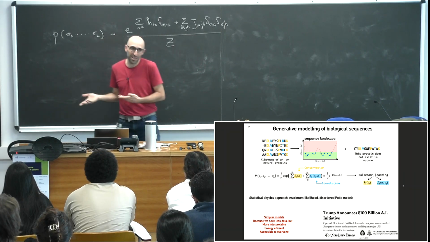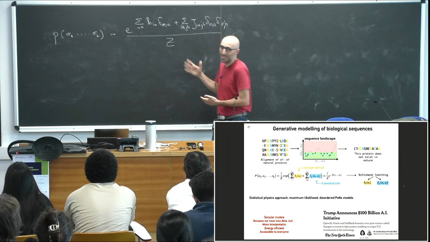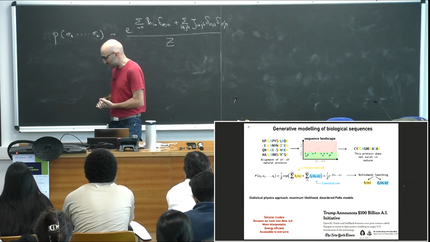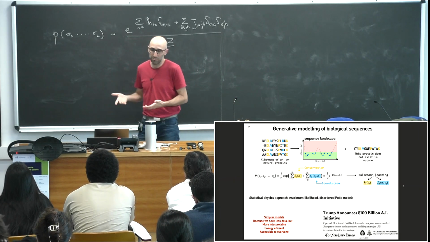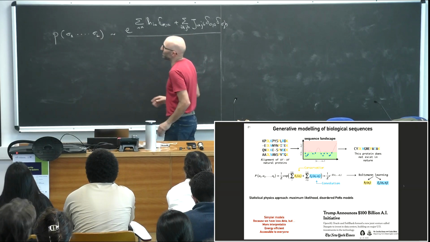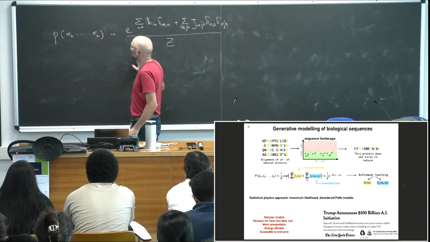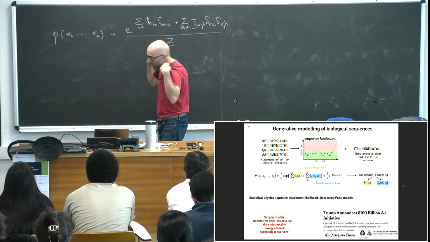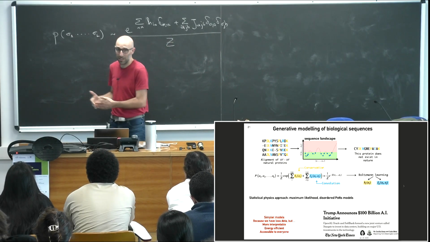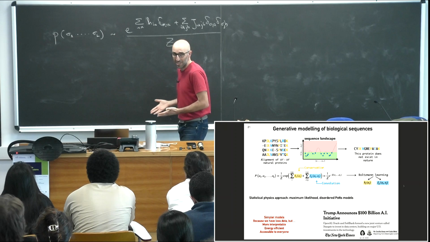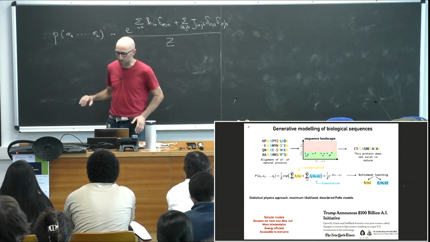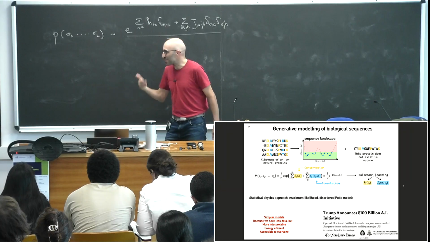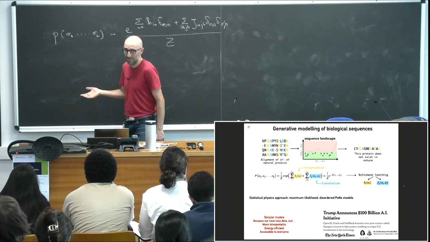If you want to generate things, mean field is not good, and pseudo-likelihood maximization is not good, so you have to do Boltzmann learning. But okay, you do Boltzmann learning. And you can check that if you do Boltzmann learning, you can generate sequences that look statistically very similar to the ones in the training set. I will show you measures for this. And also that are distinct enough from the ones in the training set.